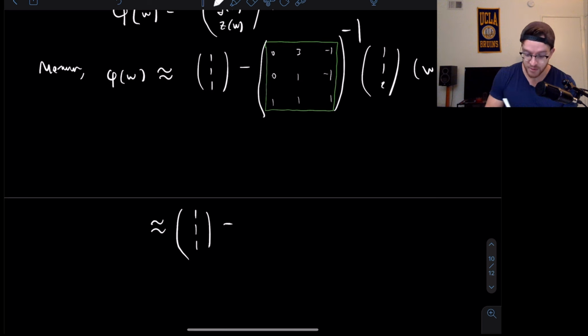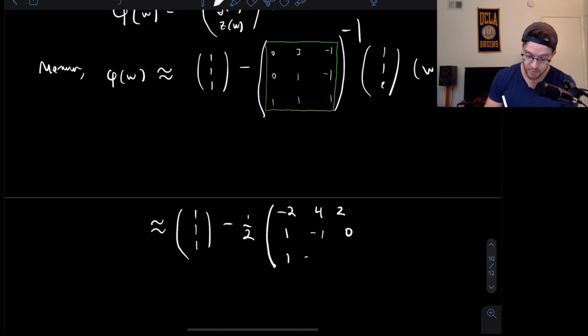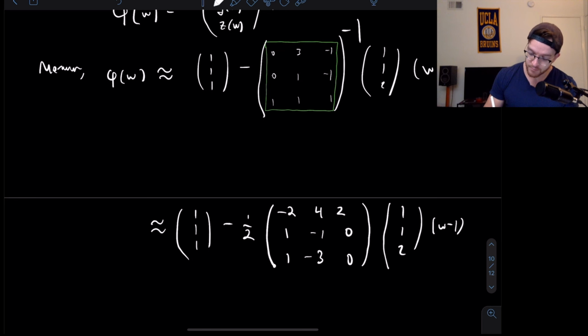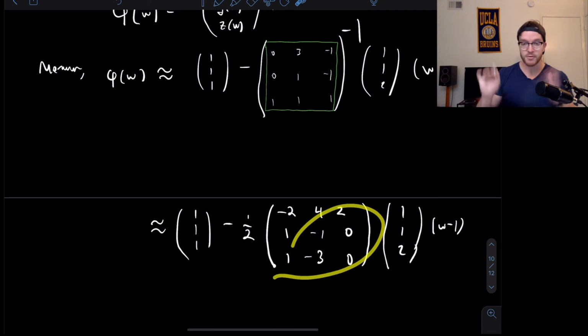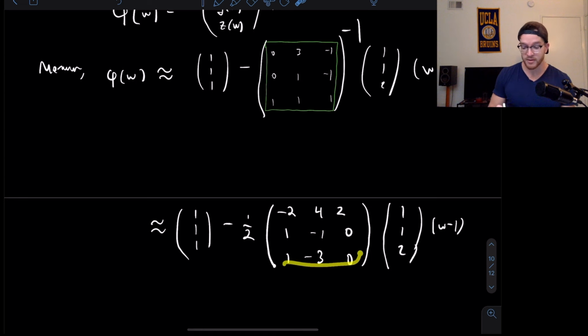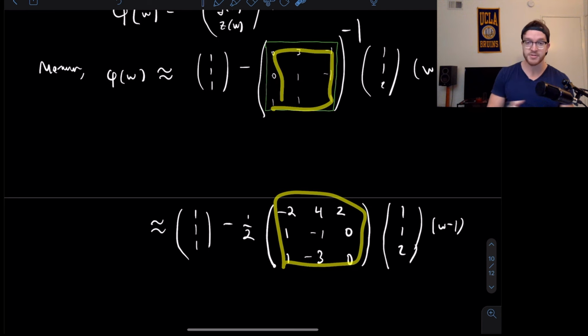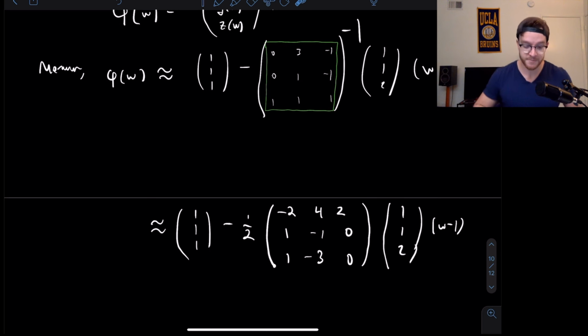Or I'll just tell you that it turns out the inverse is 1/2 times, so I had Wolfram compute this for me earlier, -2, 4, 2, 1, -1, 0, 1, -3, 0. So how did I get this? Who knows? But if you want, you could just verify that if you take this times the green matrix, you'll get the identity, and vice versa.